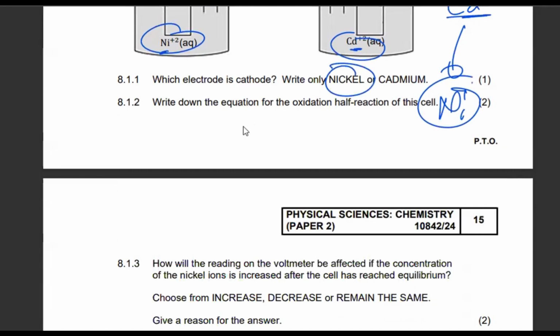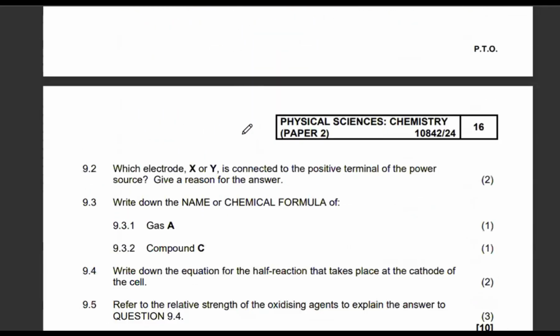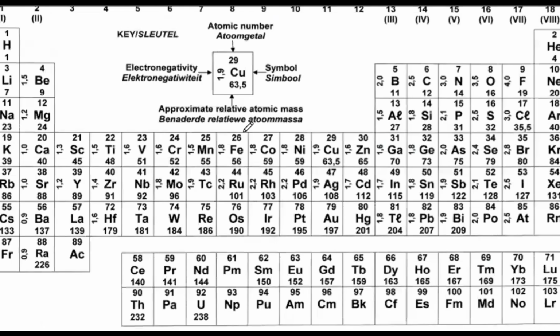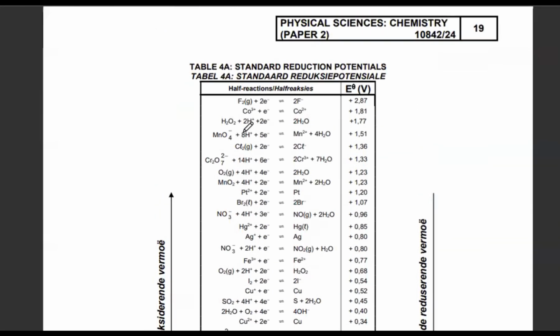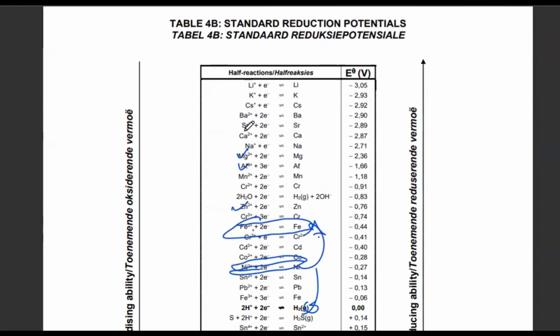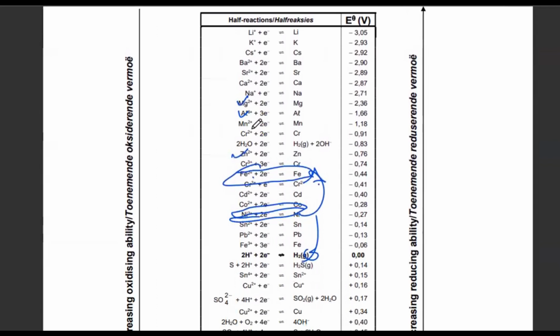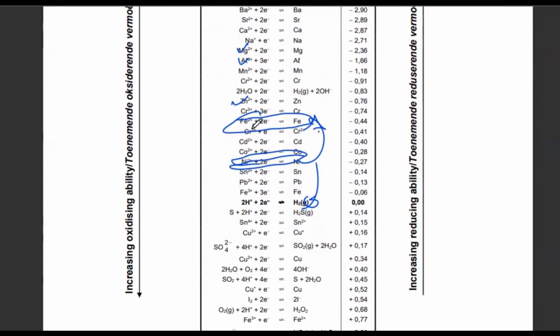Write it down, but use the reactivity oxidation table, this one. Usually use this one, so it's better that you identify it. You have cadmium here and nickel here.